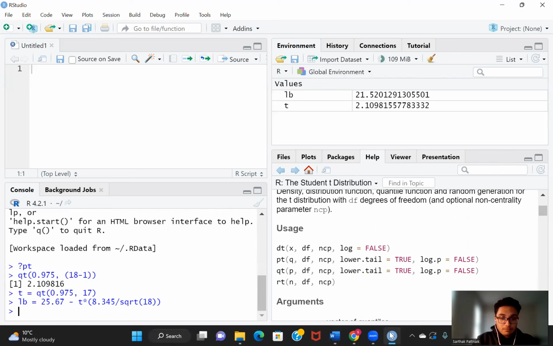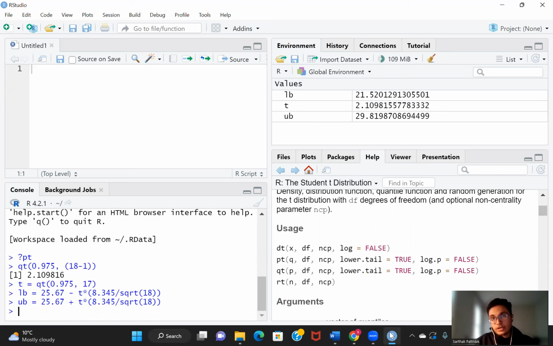This comes out to be 21.52, and my upper bound is going to be the same thing. Let me change this to upper bound, and change this to a plus. 29.81. So I got the confidence interval for the unknown population parameter, it varies from 21.52 to 29.81.